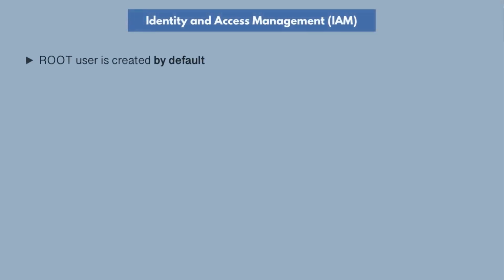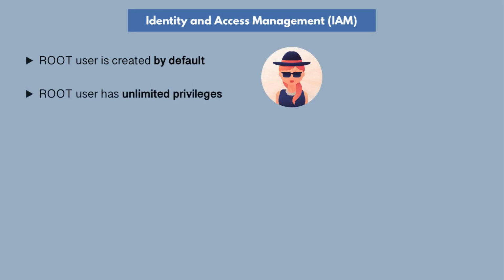Now, by default, when you create an account on AWS, you have a root user. This user gets created automatically, and this user has access to all the services and all the features. So it has unlimited privileges to do whatever you want in your account, including the billing part, account settings, and so on.